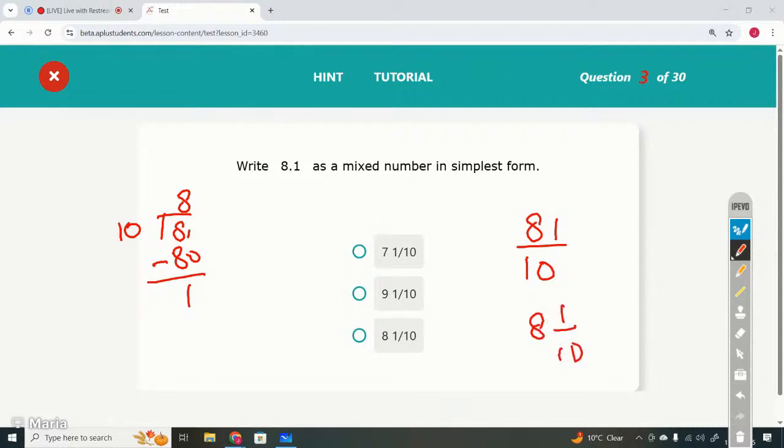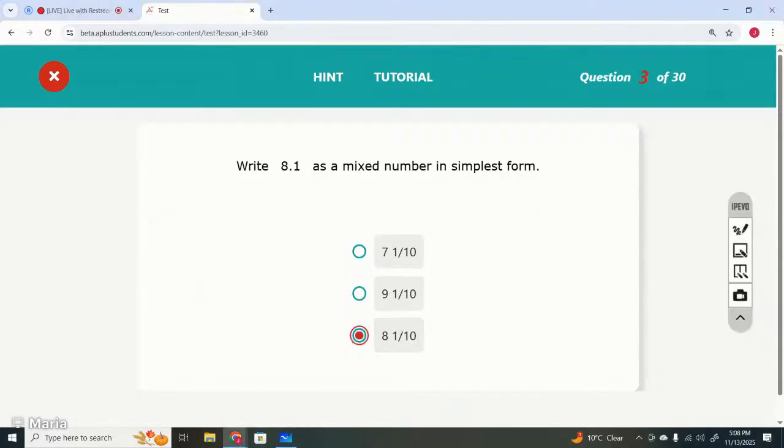That is 8 whole 1 by 10. Option number 3 is the correct option.